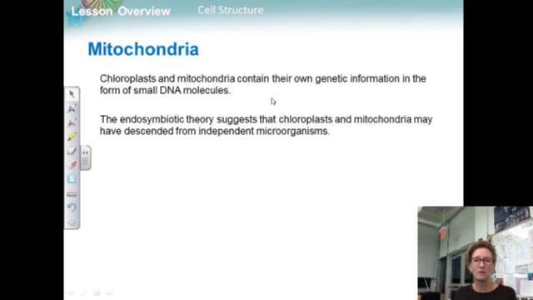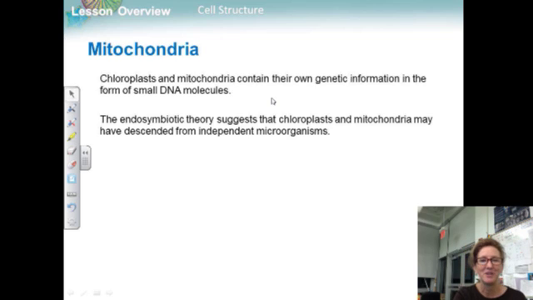It suggests that chloroplasts and mitochondria are descended from independent microorganisms. Millions of years ago, these independent microorganisms were engulfed by the cell that we know, and that's how the mitochondria and the chloroplast became part of the eukaryotic cells that we know today. They were kind of eaten. I guess they needed it.